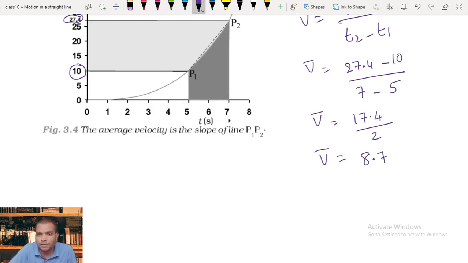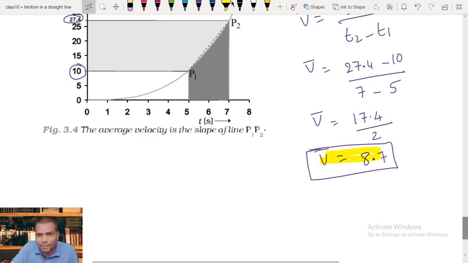So 8.7 is the average velocity in that time interval. This is the average velocity only in this time interval.